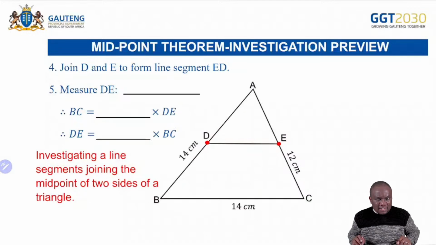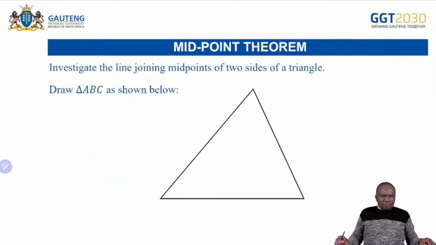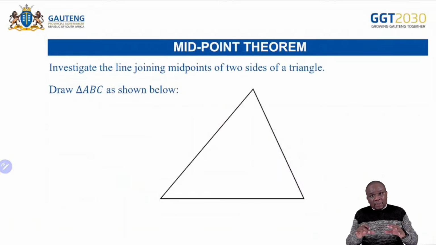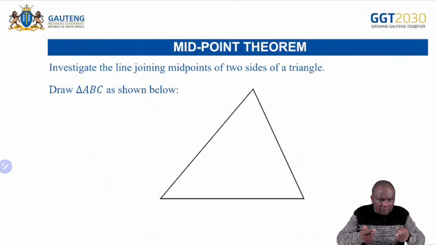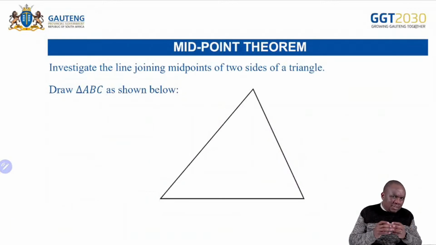Okay, are you ready now? Make sure you have your ruler and your pencil. Please follow my instructions so that we can learn from this investigation. Investigate the line joining the midpoints of two sides of a triangle. Draw triangle ABC as shown below. Please draw a triangle almost similar to this, but not necessarily the same triangle with the same measurements. I will give you the measurements. Even if our side is 14 centimeters, it does not mean that your triangle must be 14 centimeters.